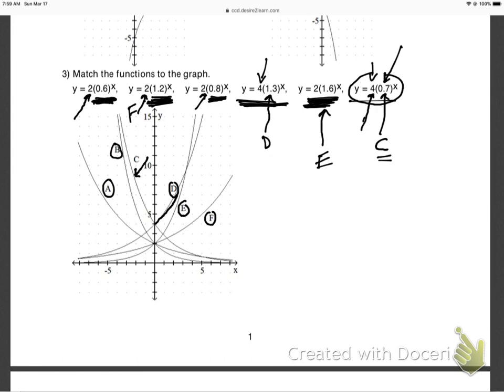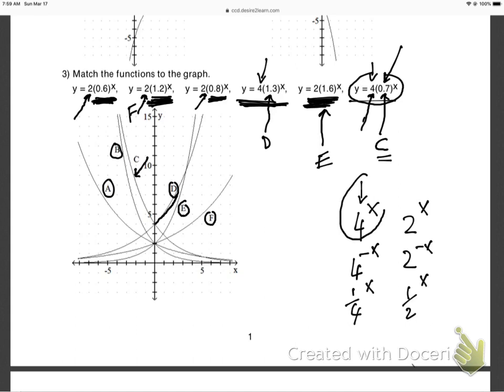Now, think about this now. If I go 4 to the x and 2 to the x, well then this will have a faster growth. Now, if I do the reflection over the y-axis, so make it 4 to the negative x, or 1/4 to the positive x, make this 2 to the negative x, or 1/2 to the positive x, then can you see that this has a steeper decay, okay?